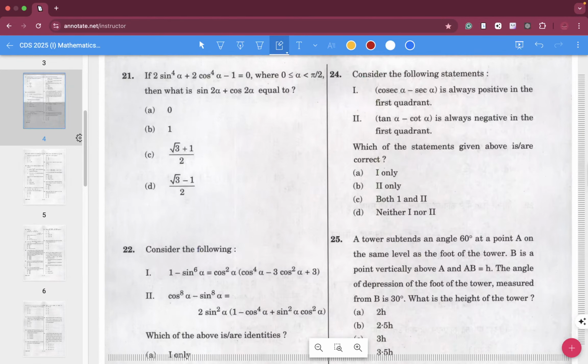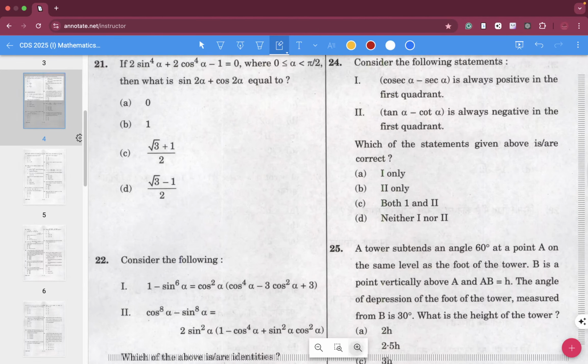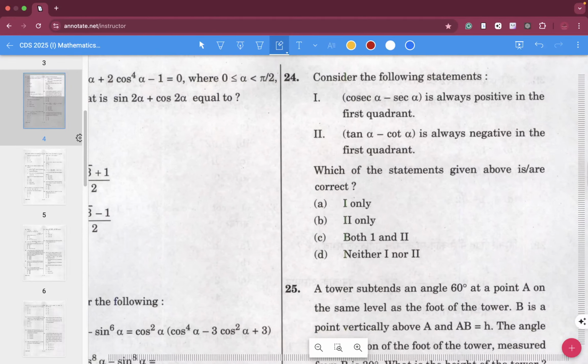Now question number 24. Let's move to question number 24 over here.